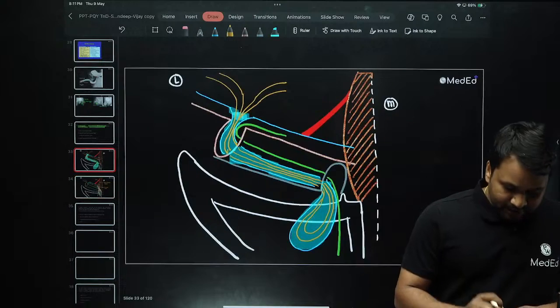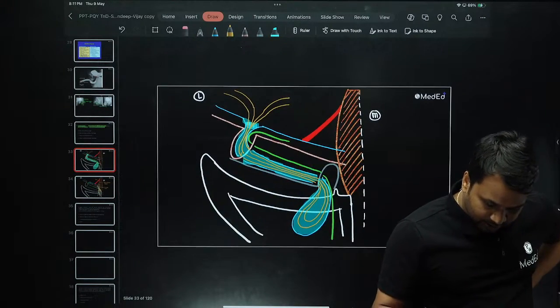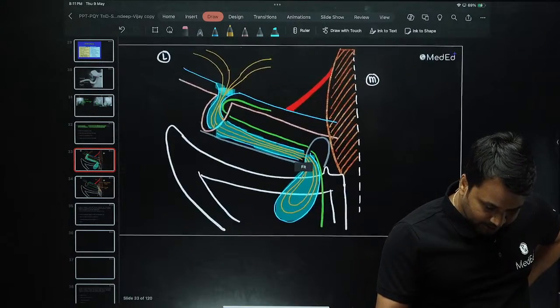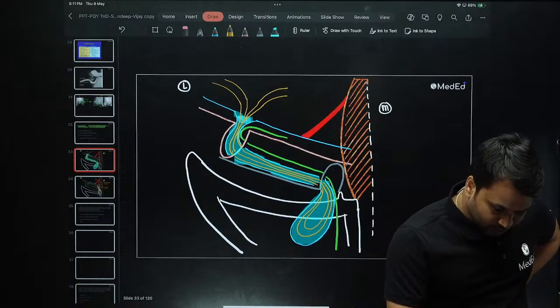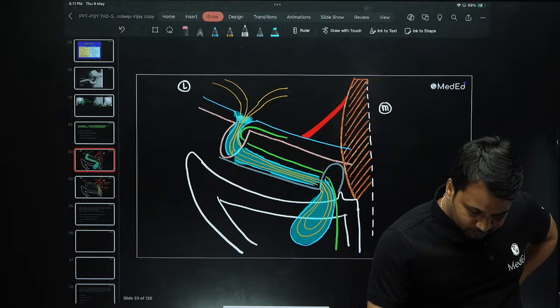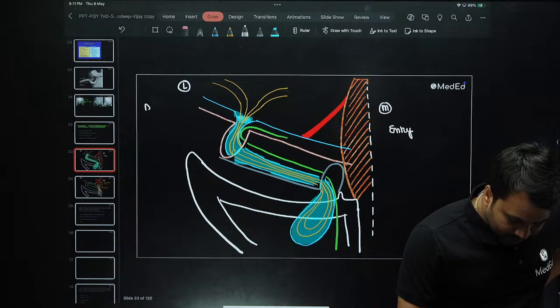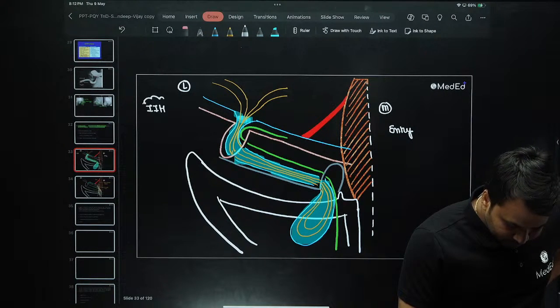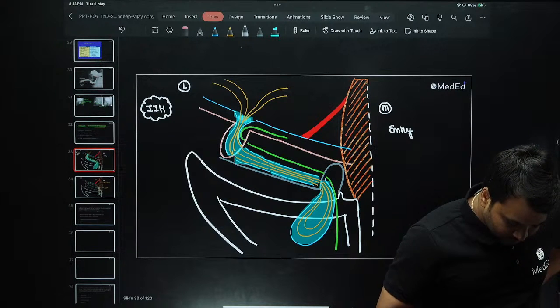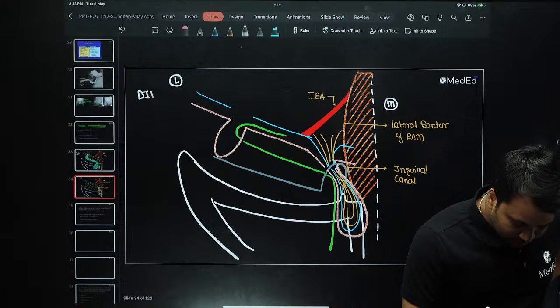Now, if you look at the indirect and the direct inguinal hernia, again, the classifying points in the direct and indirect, if I simply give across. Now, we say the entry point of this is your indirect inguinal hernia, and this happens to be your direct inguinal hernia.